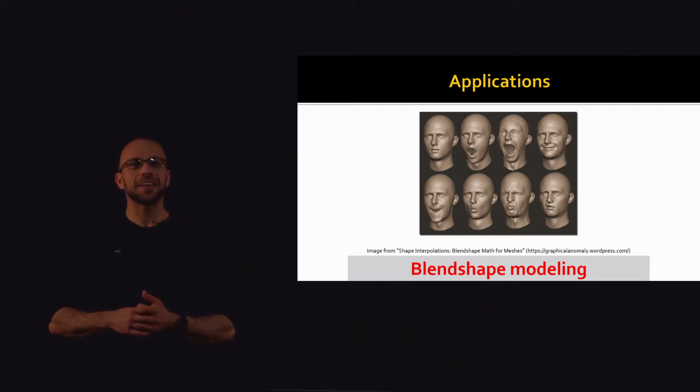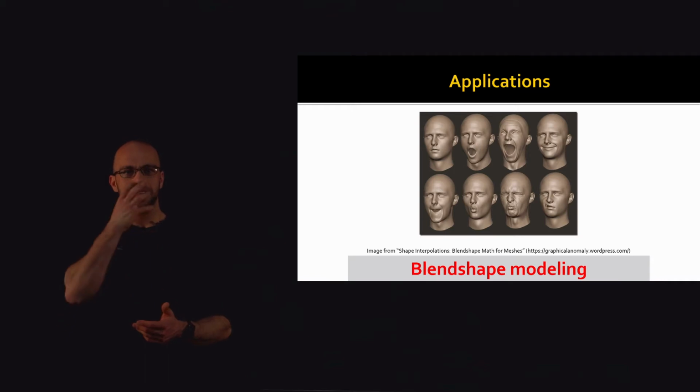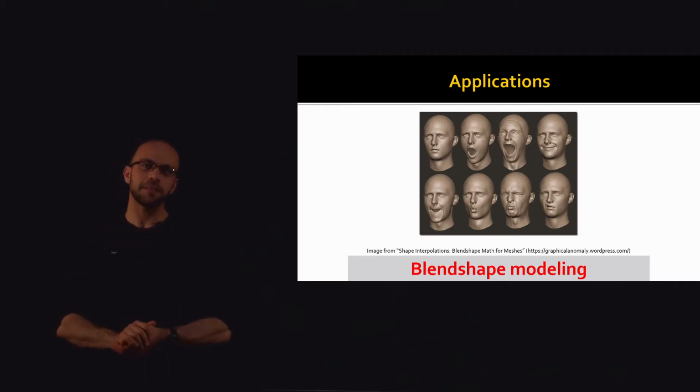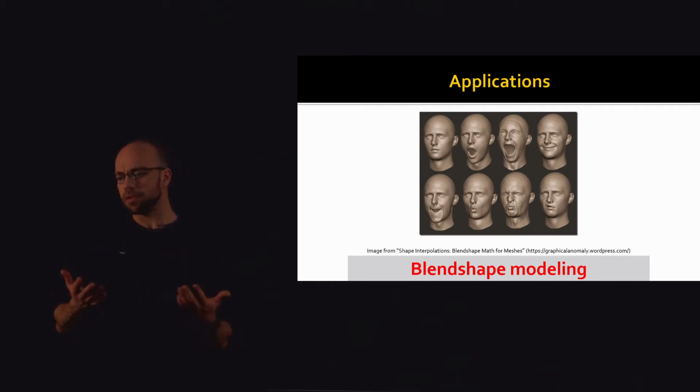So in any event, in blend shape modeling, if I want to make a blend shape model from real world data, like scans of people's faces, one way to do it would be to take scans of faces in many different poses, put all of those scans into a correspondence tool to make sure that they're all consistently meshed with one another, and then I can do that PCA trick I described before. This is useful in movie studio and virtual reality pipelines, and in real-time graphics.